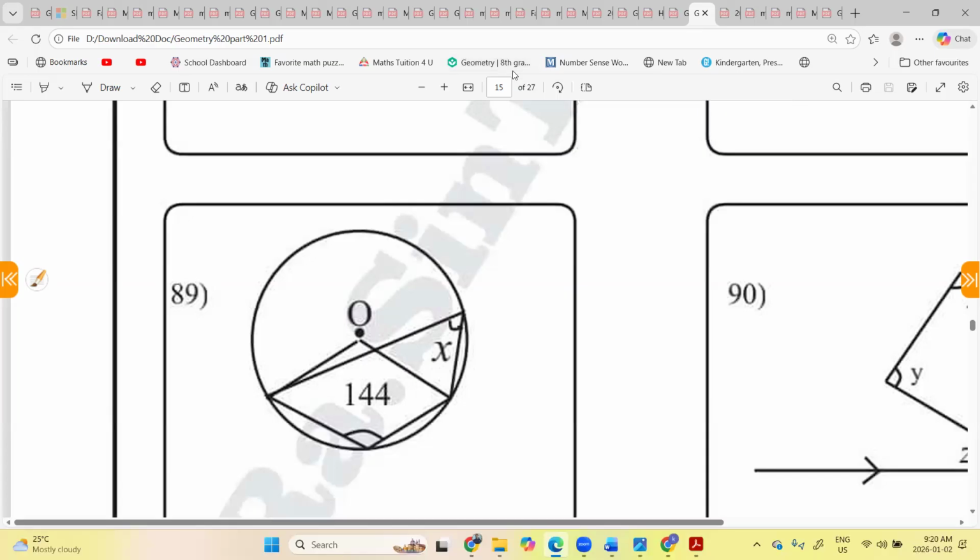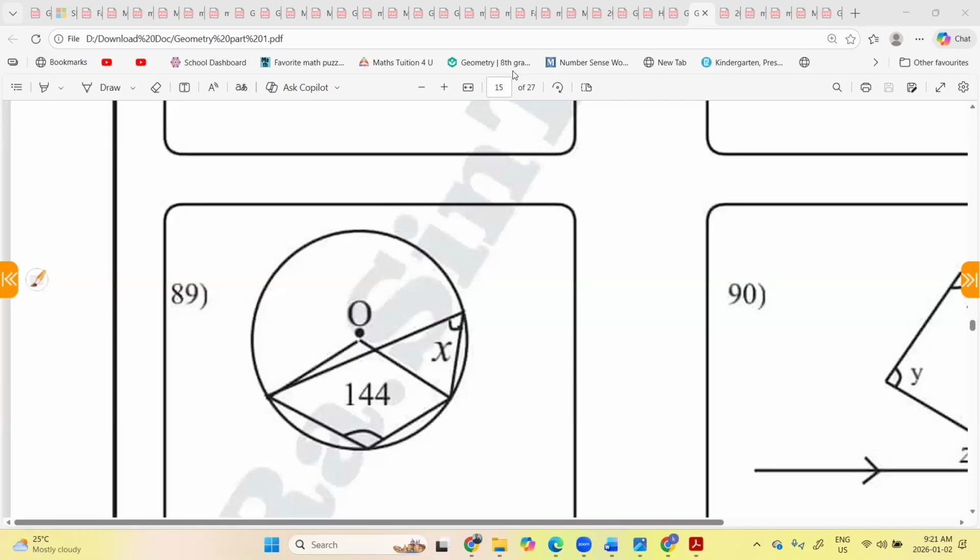Right. Your answers? Hmm. Number x, how much? No, Amar. Tanya, where is x? We will check, right?